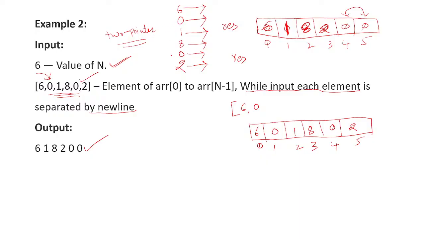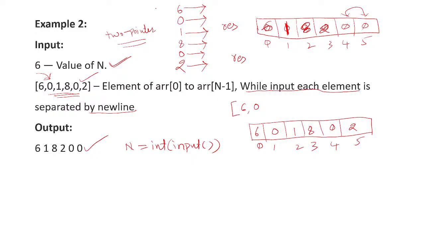First let us solve this by writing some Python code. Quickly I'll write it here. We read the value first. We need to read the n value first. How can we read it? Using int, then input, because this is how the input is provided.